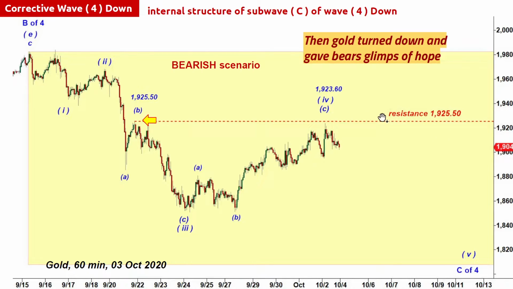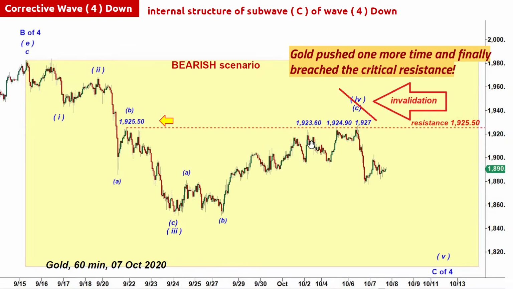Okay, technically that wave 4 was valid. Technically, bulls failed to violate that important resistance, but at that point I had very strong reservations against that bearish scenario, again because it spent too much time. It was too easy, too enticing for bears to go short here.